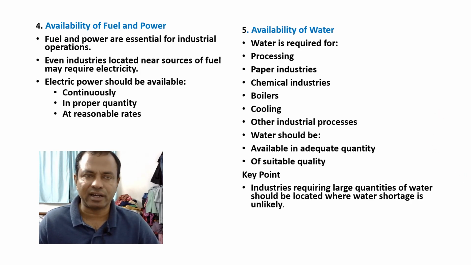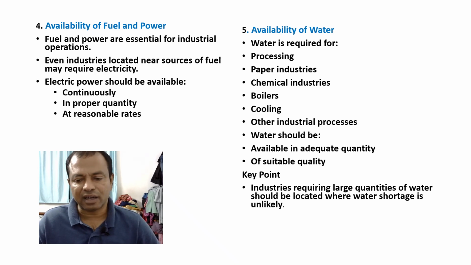For example, a chemical industry should usually be located near a river or lake, and rice plants are usually located near a river where good quality or fresh water is available.